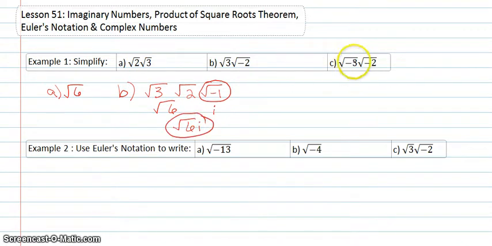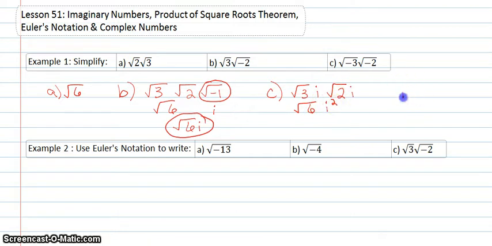On C, we'll notice that they're both negative. Let's go ahead and take the i out of each one. So we'll have the square root of 3 i times the square root of 2 i. That'll be the square root of 6 i squared.